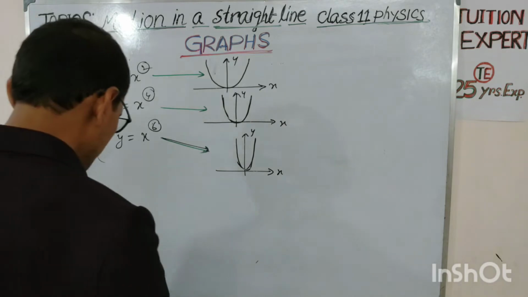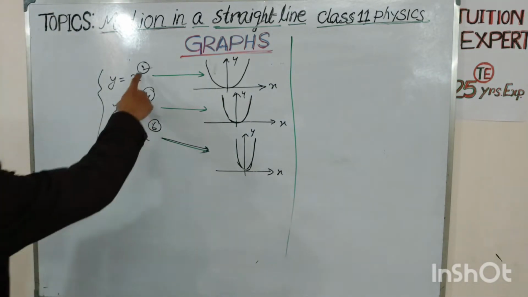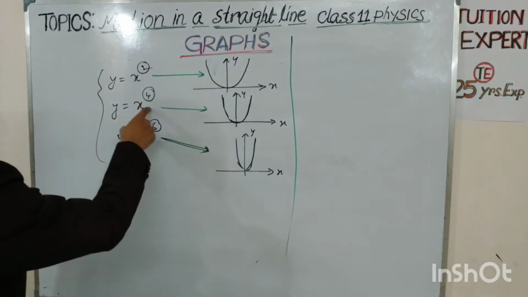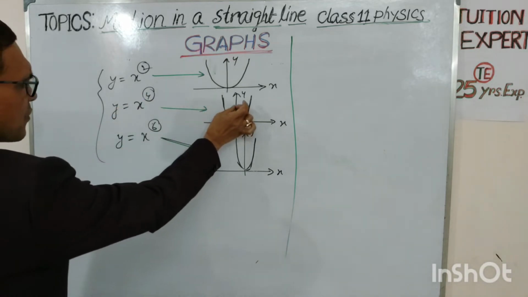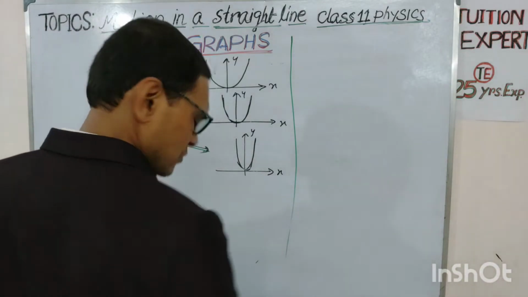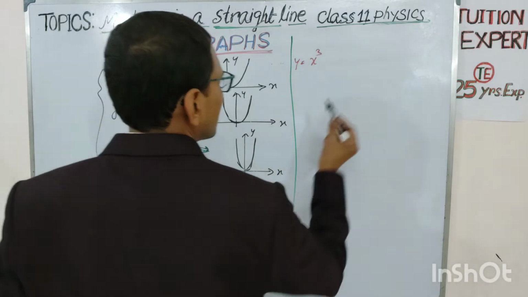Now what is y equal to x square? If the power is even, then the graph will be symmetrical about the y-axis, and if the power increases, the narrowness towards the y-axis increases. Okay, next, suppose y equal to x cube.